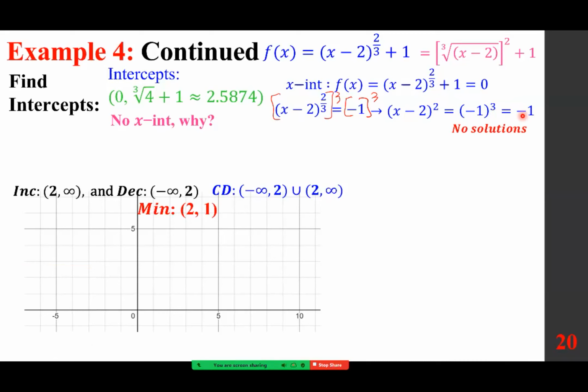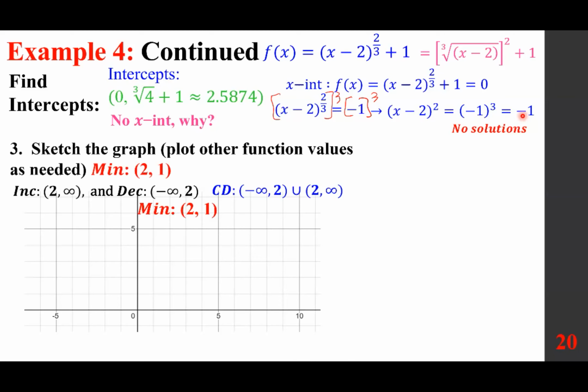Now, what do we do? We want to sketch the graph. So we are going to plot some other points. And what I'm going to do is write a summary of what we have, everybody, and take it from there.